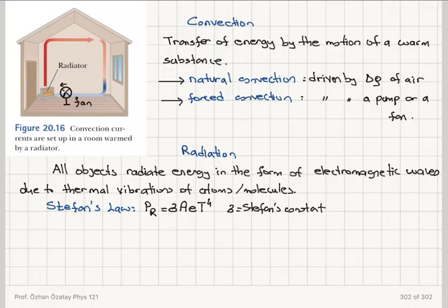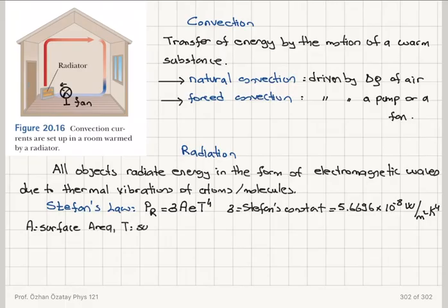It has a value of 5.6696 times 10 to the minus 8 watts per meter squared Kelvin to the fourth power. A is surface area.